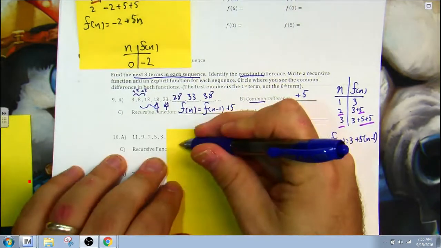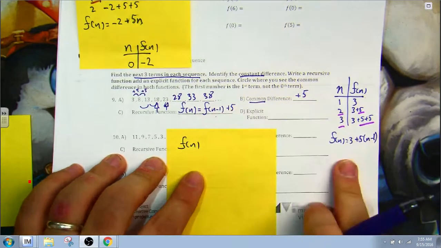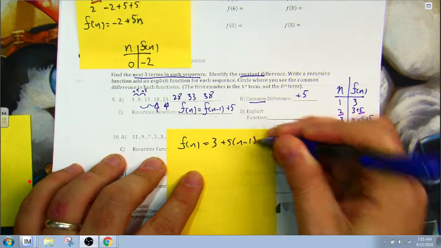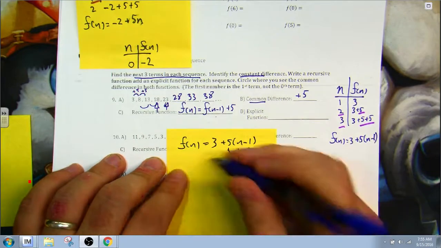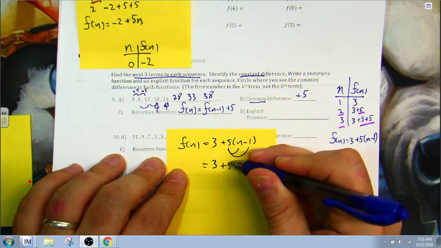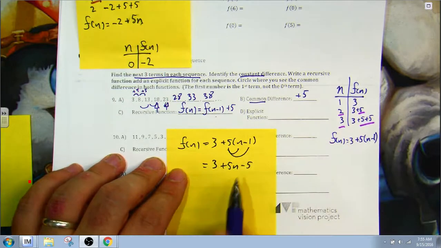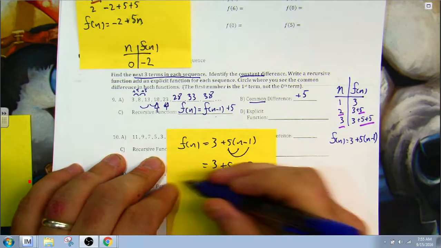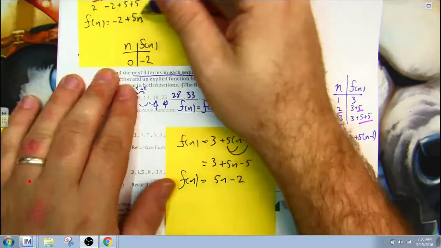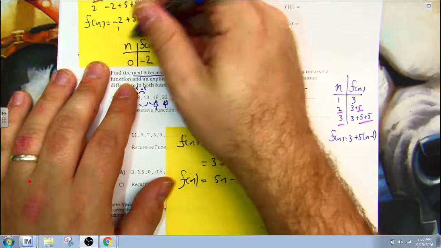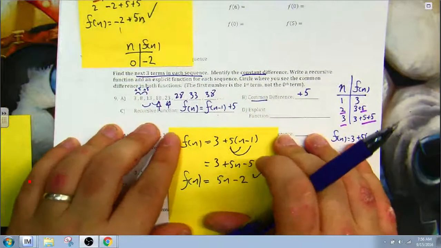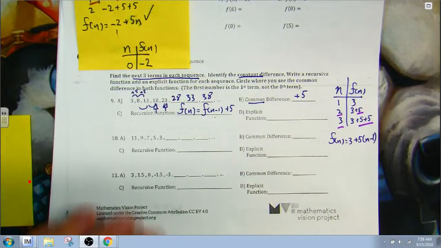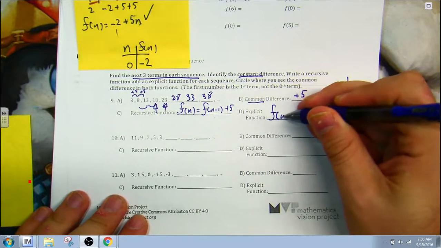If I have f of n equals 3 plus 5 times n minus 1, and I distribute this 5, I have 3 plus 5n minus 5. 3 minus 5 will be 5n minus 2 is my f of n. And sure enough, that's the same thing here if we just switch those around. So they both give us the same answer. It's kind of whatever works for you. So I like this one the best because it just looks cleaner.